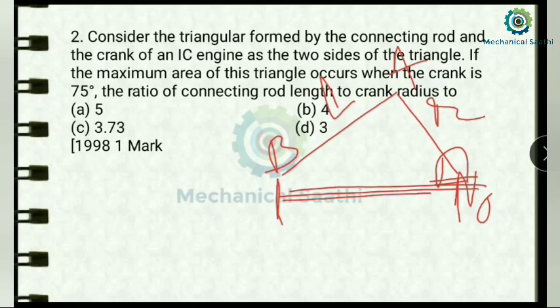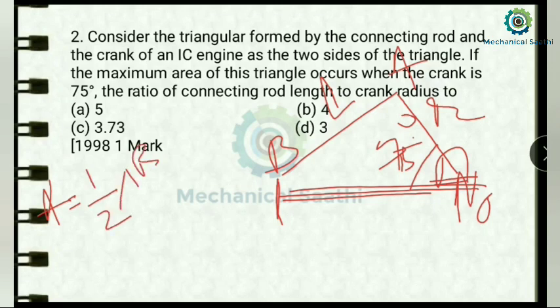This angle is 75 degrees, so at the 75 degree angle the area is maximum. We can find the area by using the formula half into base into height.